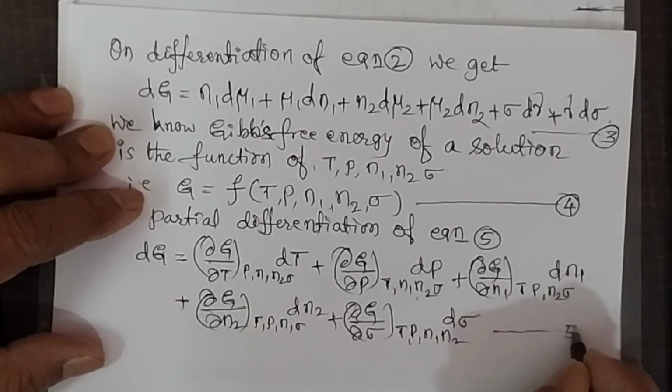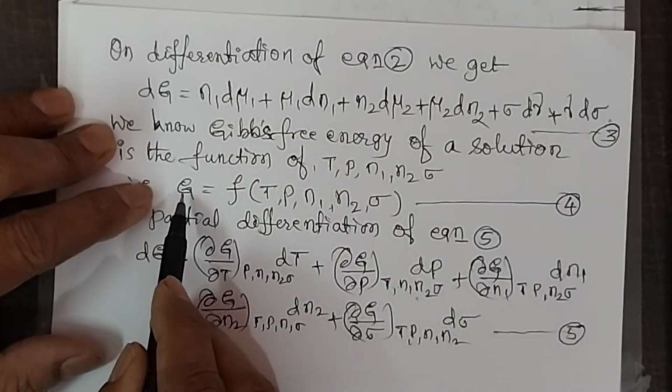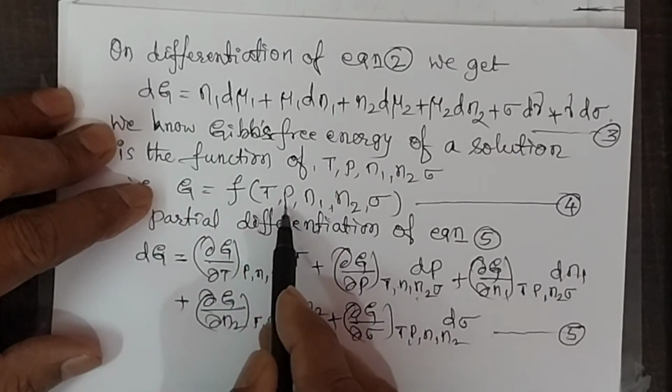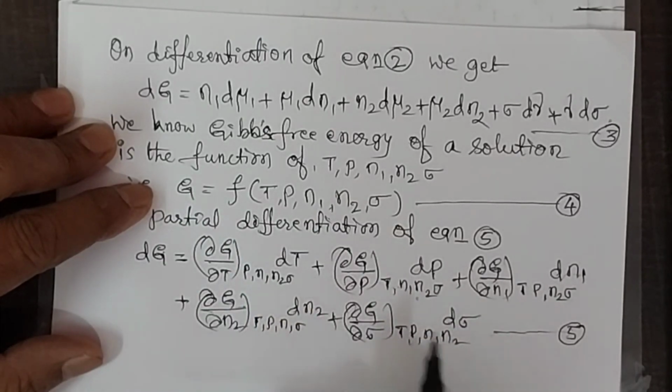Suppose this is equation 5, meaning G is partially differentiated with all these 5 variables.